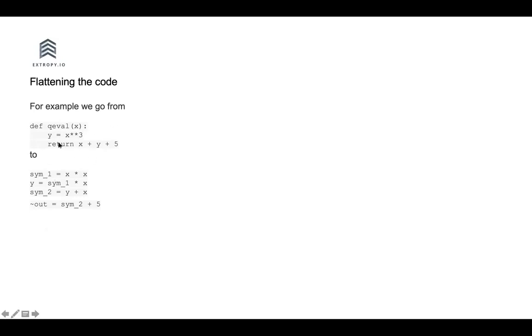When we say we flatten it, what we do is we take all of the potential intermediate steps as intermediate variables. So we end up with lots more variables than we initially had. We also take out any loops in the program. So if we wanted to loop through something 10 times, we effectively have to have 10 steps in our flattened code.